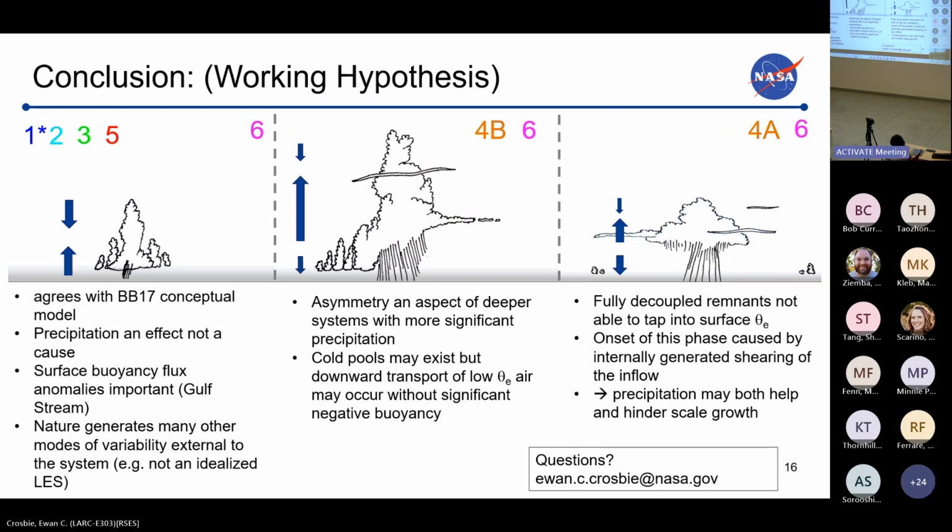I think that even though we had really good coverage of dropsondes in all except case 6, at least 12 dropsondes per case, I found it's pretty hard to actually capture this mesoscale vertical velocity.